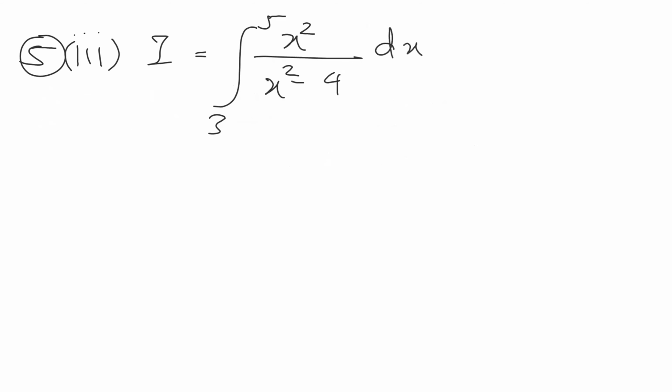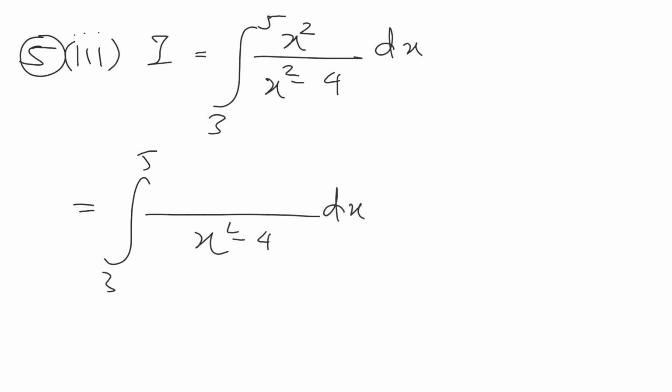Integration, upper limit is 5, lower limit is 3, x square upon x square minus 4 dx. Now we will discuss this at length. The degree of the numerator and the degree of the denominator is same. If they are the same, we make the numerator same as the denominator.